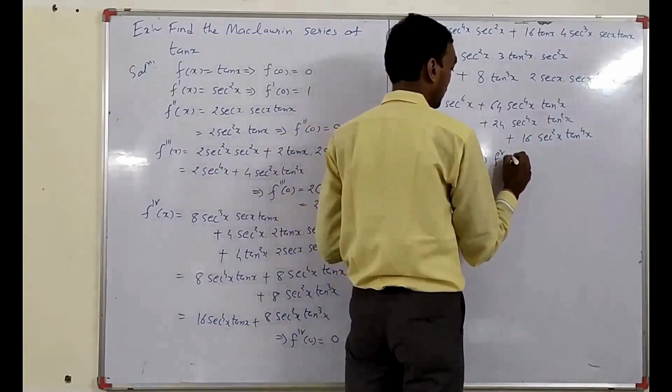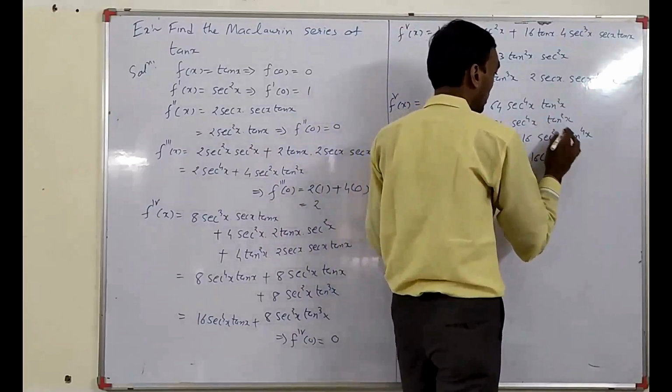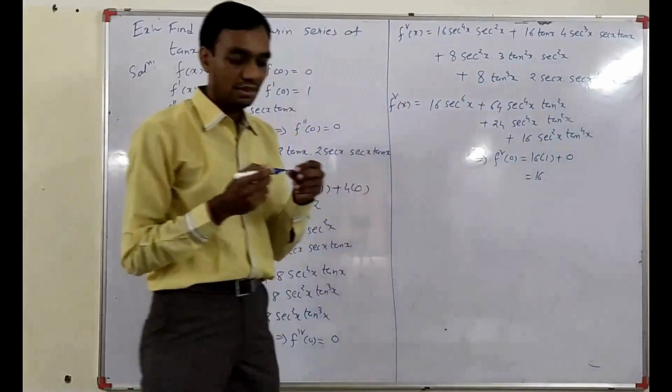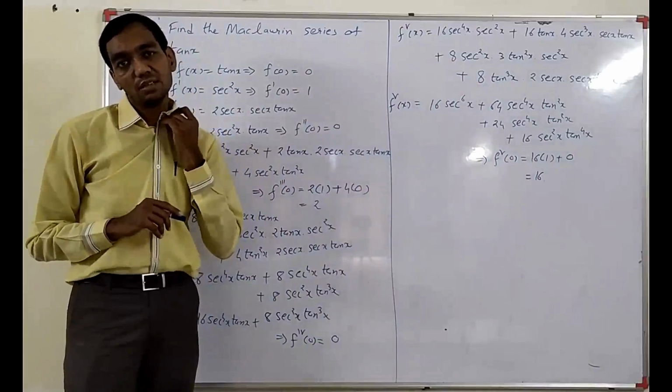Therefore f^(5)(0) will be 16 into 1 plus 0 plus 0 plus 0, and that will be 16. See, this is the simple derivative method.